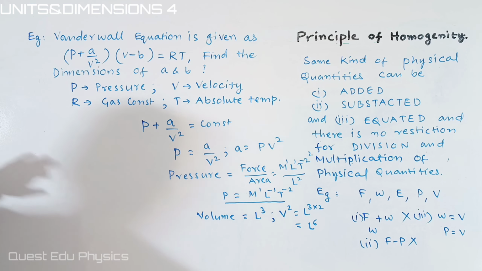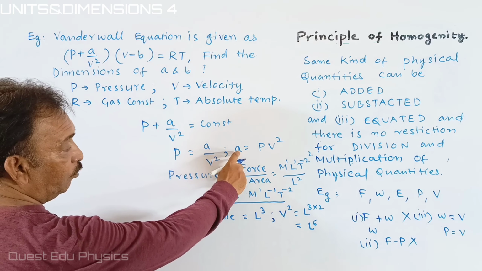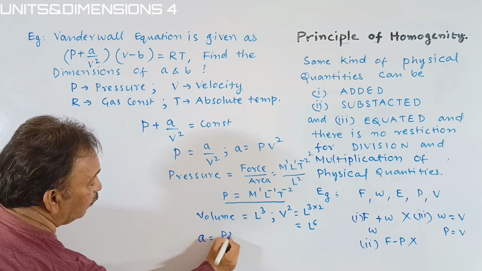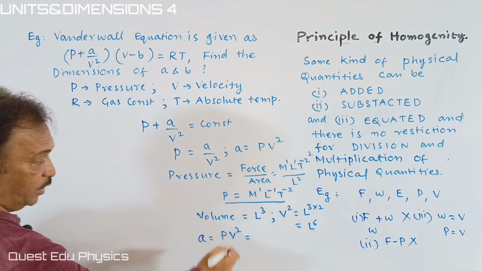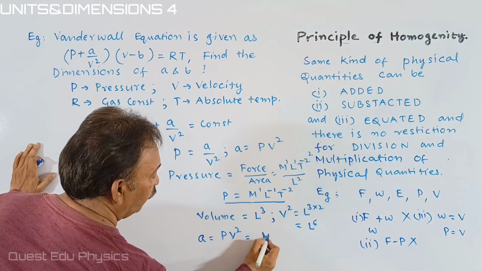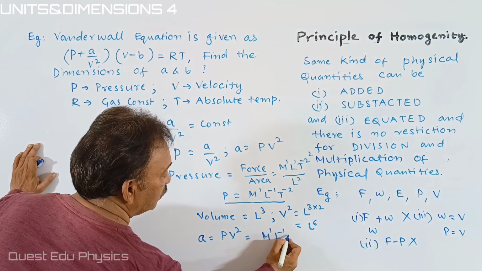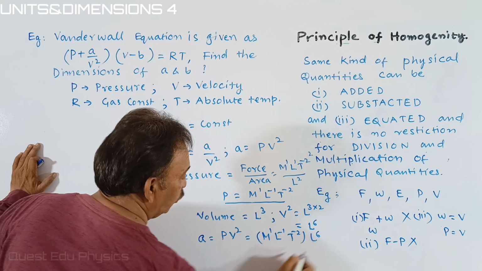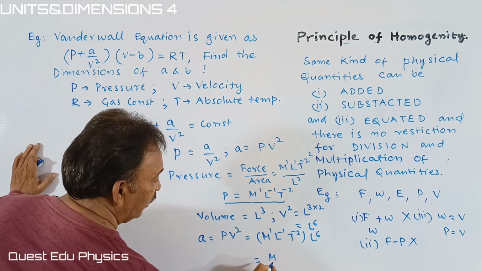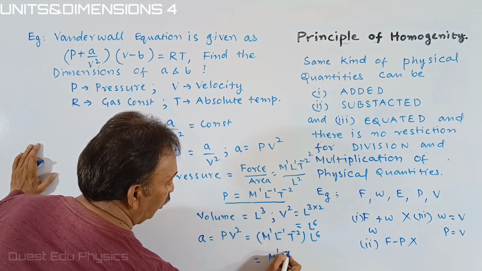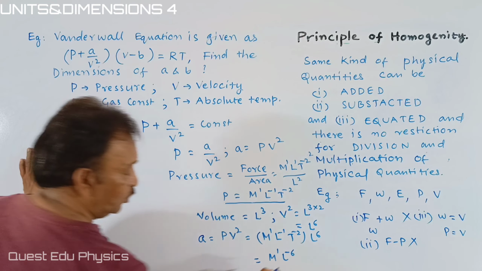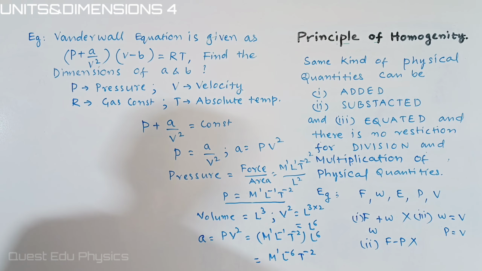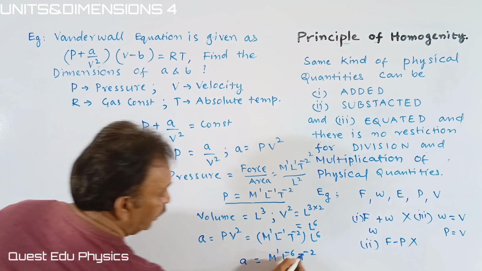Now we have to write the dimensions of A. A is equal to PV squared. Pressure we got here as M1 L inverse T to the power of minus 2, multiplied with L to the power of 6, that is M1 L to the power of minus 6... wait, L to the power of 5 becomes the result per the working shown: M1 L to the power of minus 6 T to the power of minus 2. These are the dimensions of A, students.